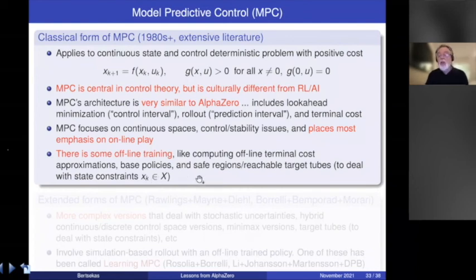One of the central motivations of MPC is to be able to deal with critical state constraints, for which the linear quadratic unconstrained framework does not deal very well. So to do that, there are some interesting issues of how to select controls that keep you within the safe region.